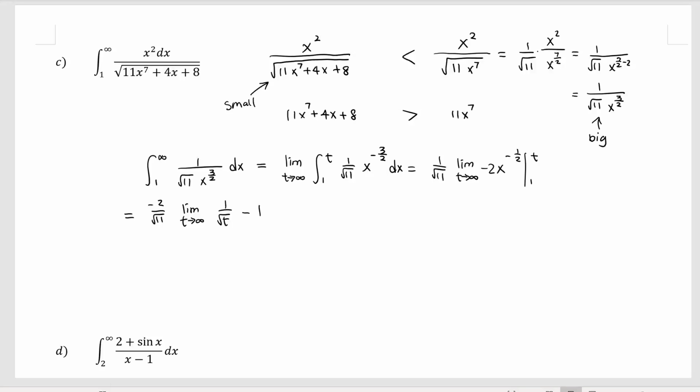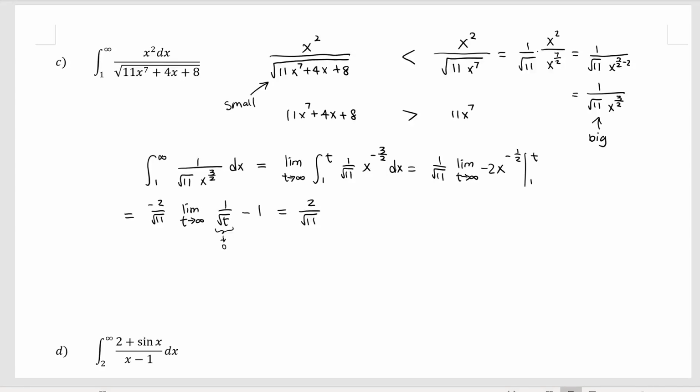Now you can see the square root of t is in the denominator, so when t goes to infinity, this goes to 0. Great. We have minus 2 times minus 1, which is 2. So 2 over the square root of 11. Wow, we get a number.